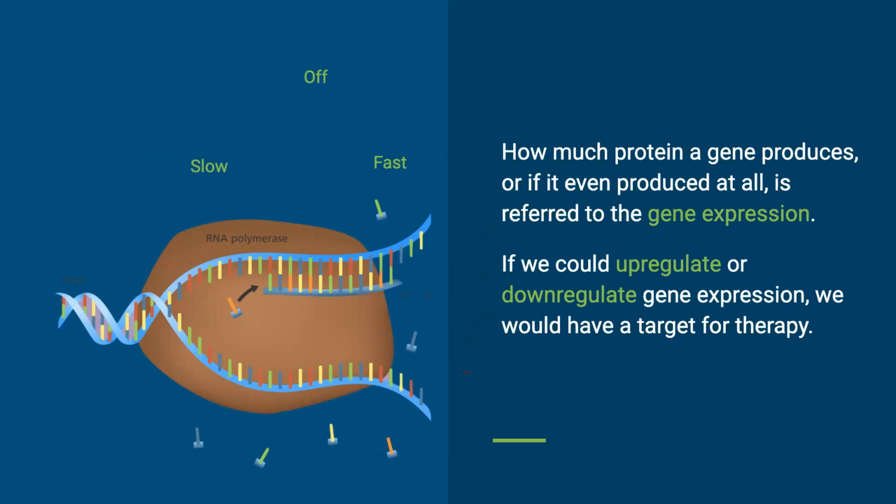And if we can upregulate or downregulate that gene expression, we would have a target for therapy. If we had a way to perhaps turn it off, or maybe even just turn it down or turn it up, depends what the gene is, of course, that might help us either control inflammation, control disease, prevent disease. Obviously, it's the whole genome and encodes for the whole body, so depending what specific scenario we are talking about, this will change, but this is the basic template.